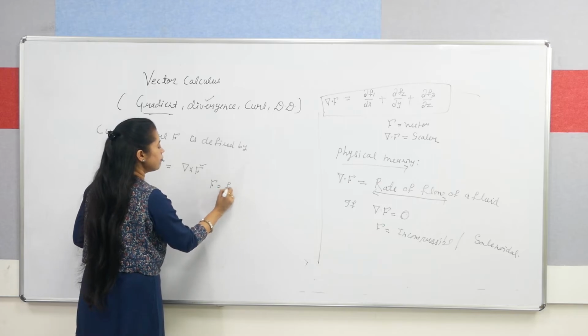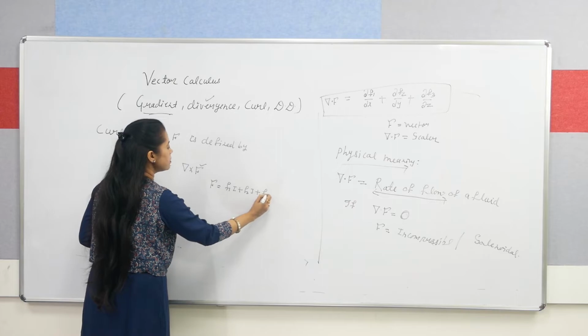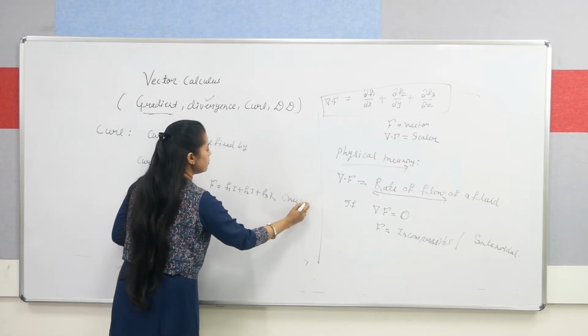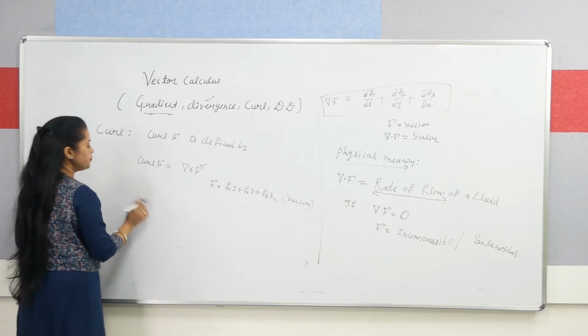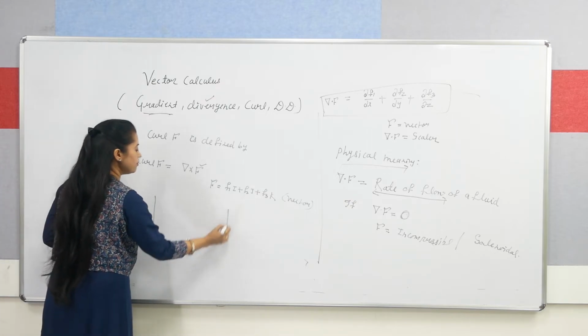So let it be f1 i plus f2 j plus f3 k. Input should be a vector to find curl. We know how to find the cross product between two vectors.